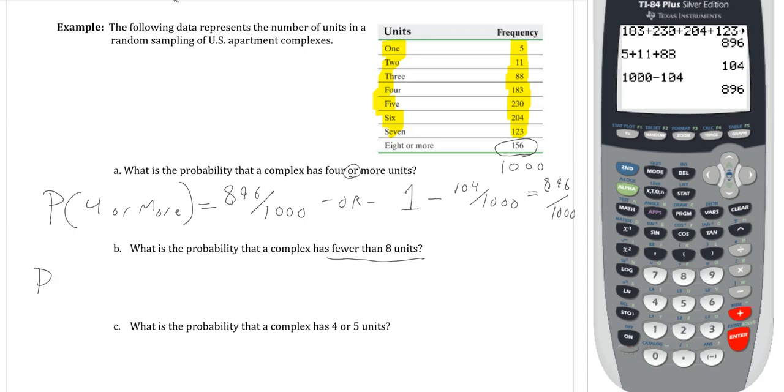I could find the probability of fewer than 8 by doing 1 minus 156 out of 1,000, otherwise known as 1,000 out of 1,000 minus 156 out of 1,000. If you do that in your calculator, that should give you 844 out of 1,000.